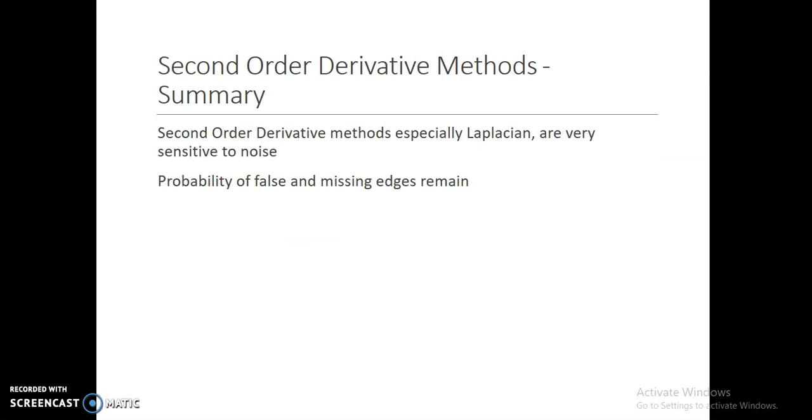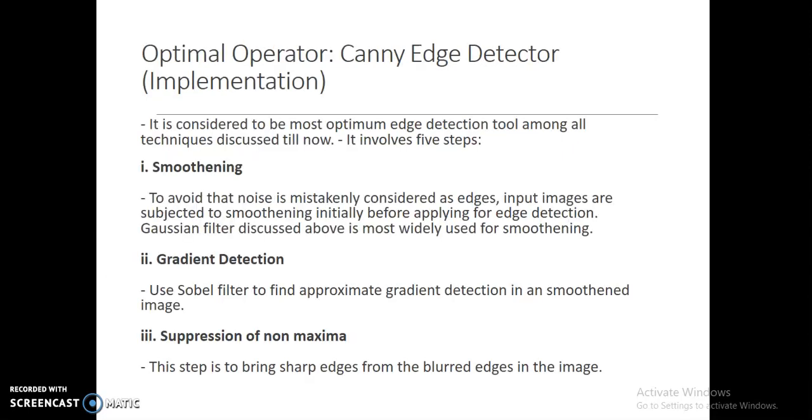The summary of second order derivatives: second order derivative methods, especially Laplacian, are very sensitive to noise. Probability of false and missing edges remains. So to remove it, we have an optimal operator called the Canny edge detector.